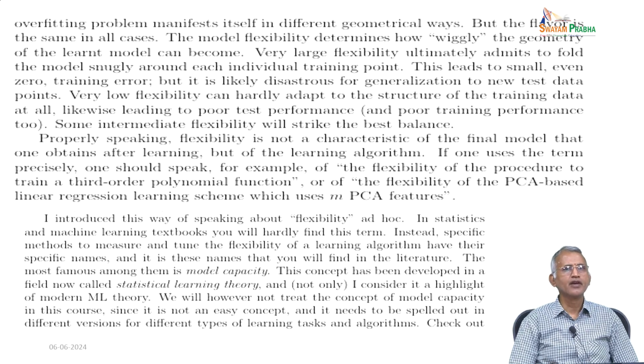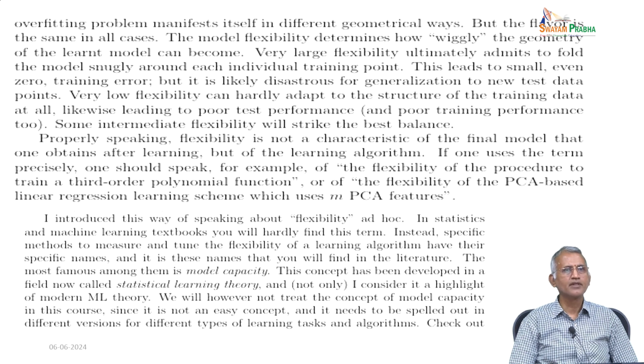Now, I introduced this way of speaking about flexibility ad hoc. In statistics and machine learning textbooks, you will hardly find this term. Instead, specific methods to measure and tune the flexibility of learning algorithms have specific names, and it is these names that you will find in the literature.